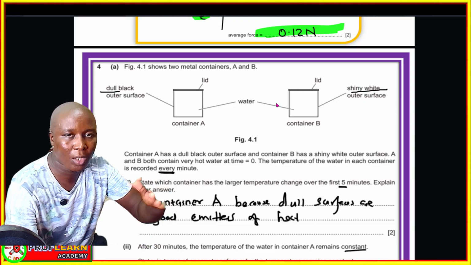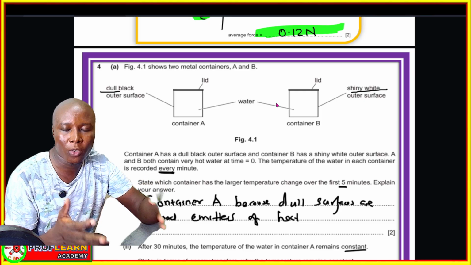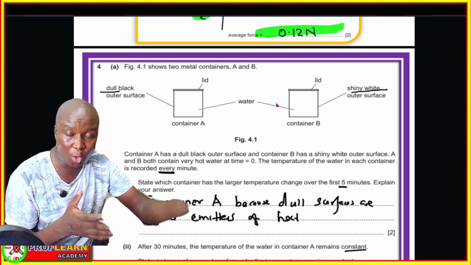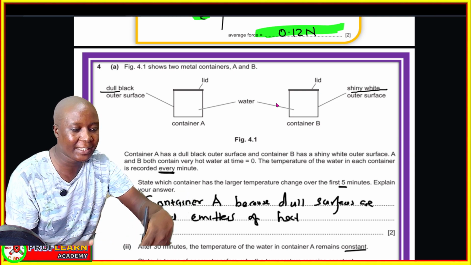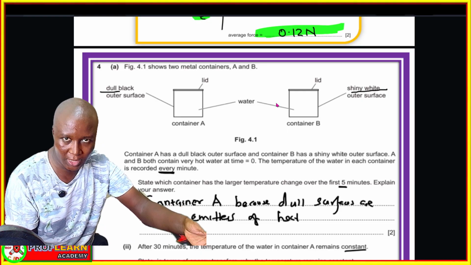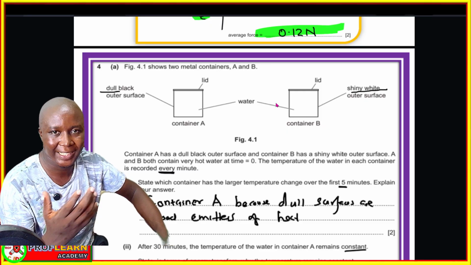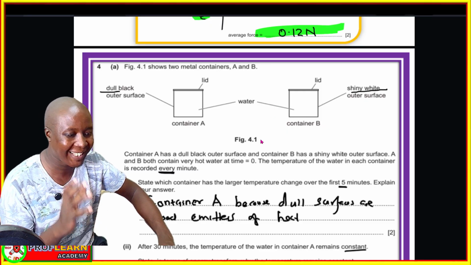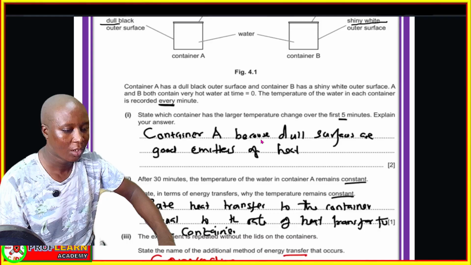Since they were containing a hot liquid, we are going to focus on thermal energy lost. So container A is going to have a larger change in temperature because it's going to lose a lot of thermal energy, because dull, dark surfaces are good emitters of thermal energy or heat.